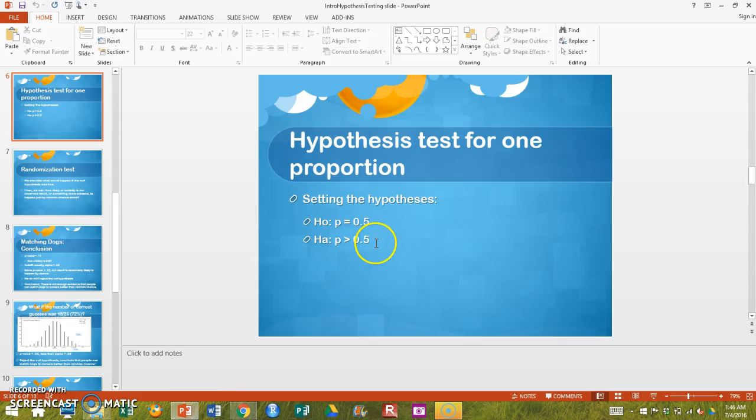And that would lead us to say that gives us evidence in favor of the alternative hypothesis, that there's evidence that dogs can be matched to their owners beyond just random guessing, beyond random fluctuations, that the proportion in the population of guessing is greater than 0.5, greater than 50%.